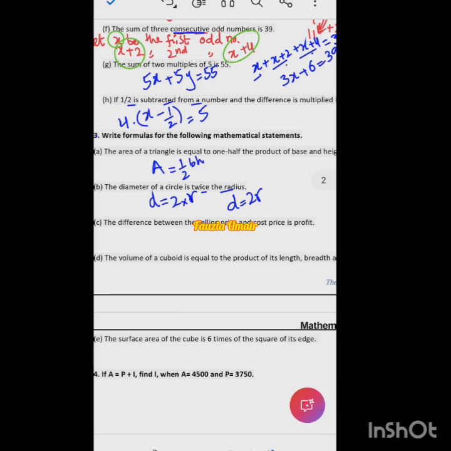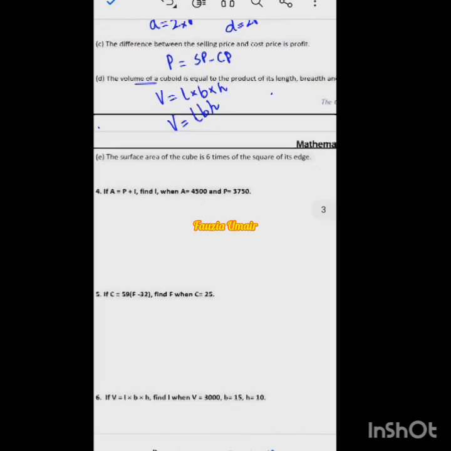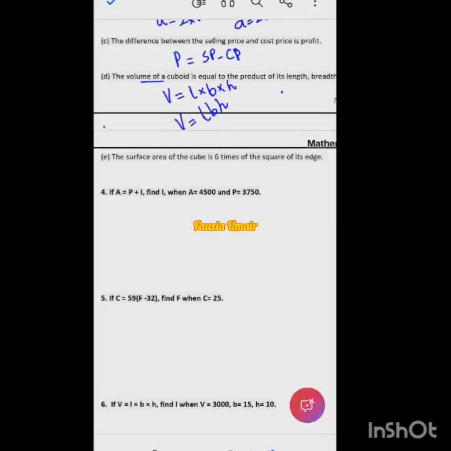All right. So the last is the surface area of a cube. Surface area, so we write surface area in a shorter form like this. The surface area of a cube is equal to 6 times the square of its edges. What does square of its edges mean? L square.